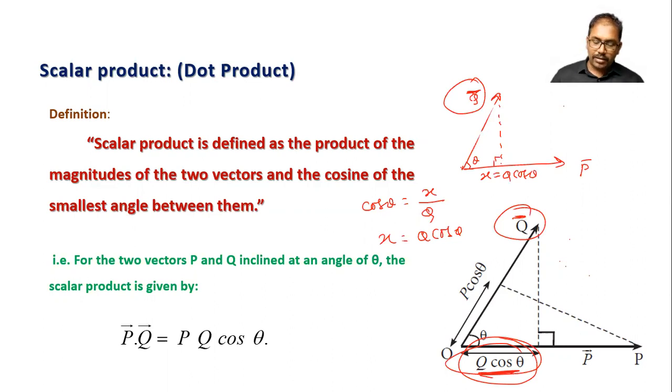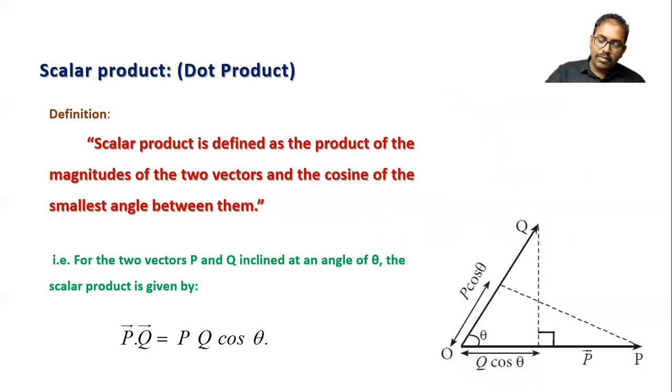In a similar manner, consider the same vectors p bar and q bar, and I draw a perpendicular line like this, so this is 90 degrees. With the same angle theta, cos theta is equal to the adjacent side x divided by the hypotenuse p, x by p.